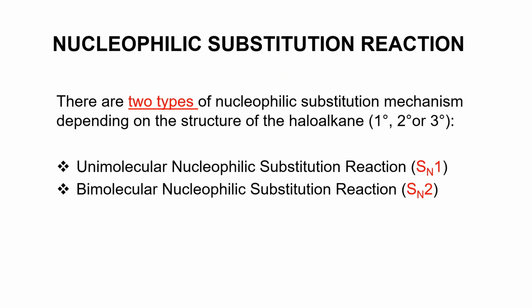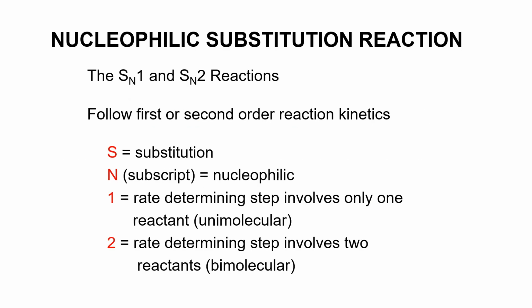In nucleophilic substitution reactions, there are two types of mechanism depending on the structure of the haloalkane, either primary, secondary, or tertiary. SN1 stands for unimolecular nucleophilic substitution reaction, while SN2 stands for bimolecular nucleophilic substitution reaction.